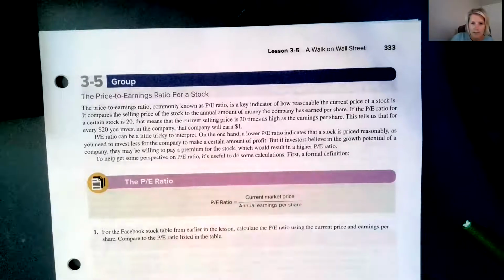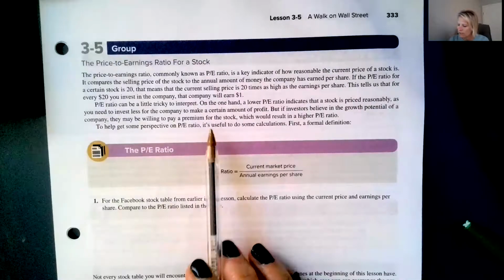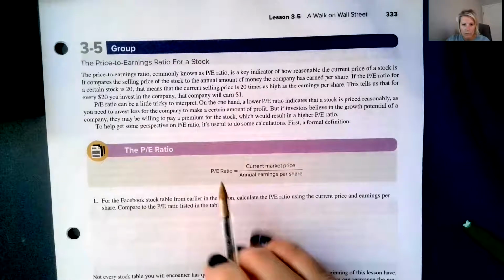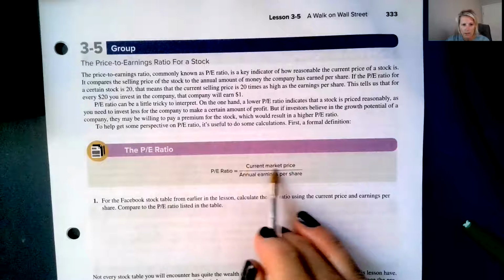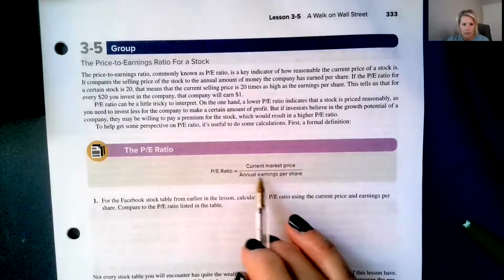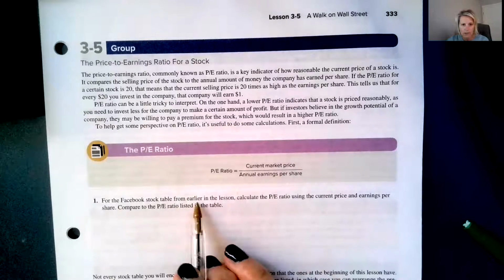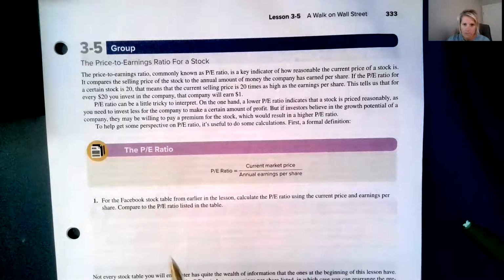To help get some perspective on PE ratio, it's useful to do some calculations. First, a formal definition. The PE ratio, meaning we're comparing two values, is the current market price divided by the annual earnings per share. For the Facebook stock table from earlier in the lesson, calculate the PE ratio using the current price and the earnings per share. Compare it to the PE ratio listed in the table.